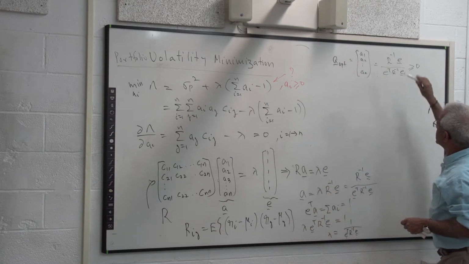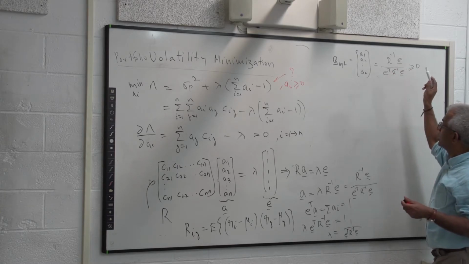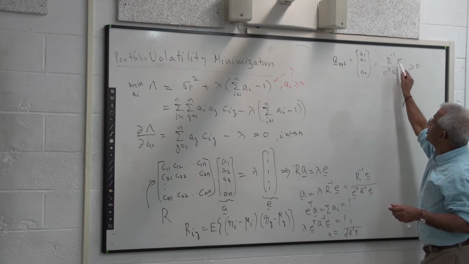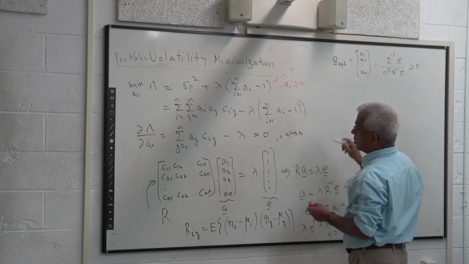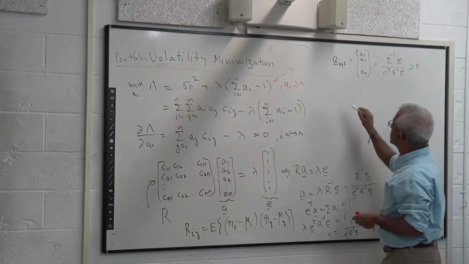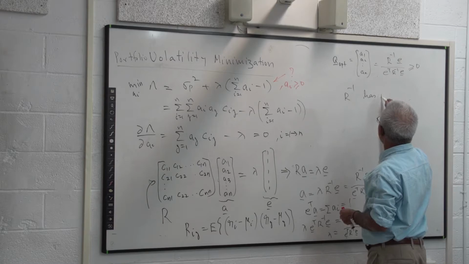Another possibility is that you could say I'm going to select those stocks to start with, where R inverse has all positive entries. So this is an interesting problem: how do I come up with a covariance matrix whose inverse, R inverse, has only non-negative entries.